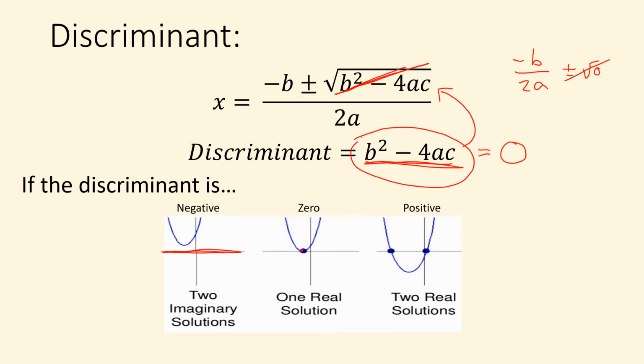And lastly, we could have a positive number inside that radical sign. That's when we have two answers. It's crossing the x-axis 2 times like we have here. Sometimes they're whole numbers, sometimes they're irrational decimals. But those are the 3 situations we can have: 2 imaginary, 2 real, or 1 real solution.